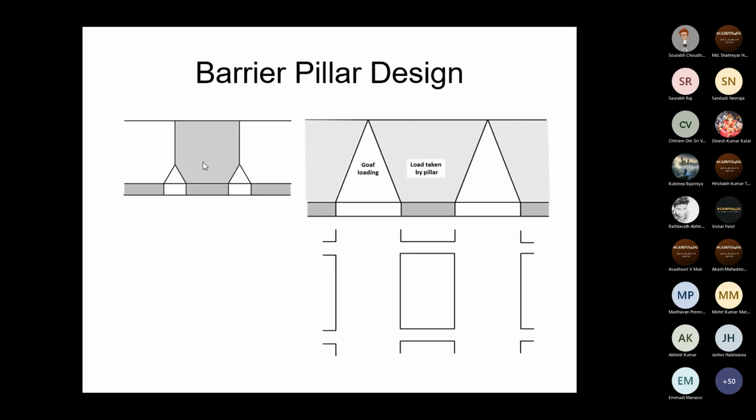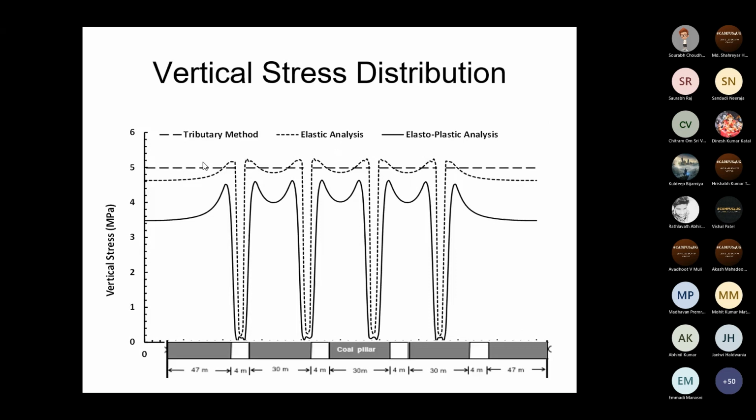How is it failing in a sequential manner? For example, the stress plots which we have seen, because in reality the stress developed on a pillar is based on elastic-plastic analysis. The rock is very non-linear in nature, anisotropic and all that. So the stress developing on these pillars will be elastoplastic in nature.